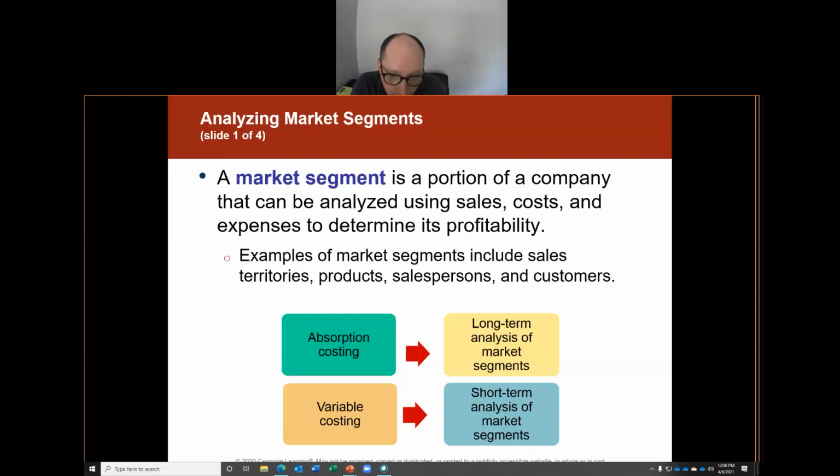For those of you who are in marketing, you'll learn more about that in marketing. But the idea behind it is that as the company continues to sell products, we can analyze the sales data, and we do that through market segments. We look at absorption costing and its long-term effects on the market. We look at variable costing and short-term effects on the market.